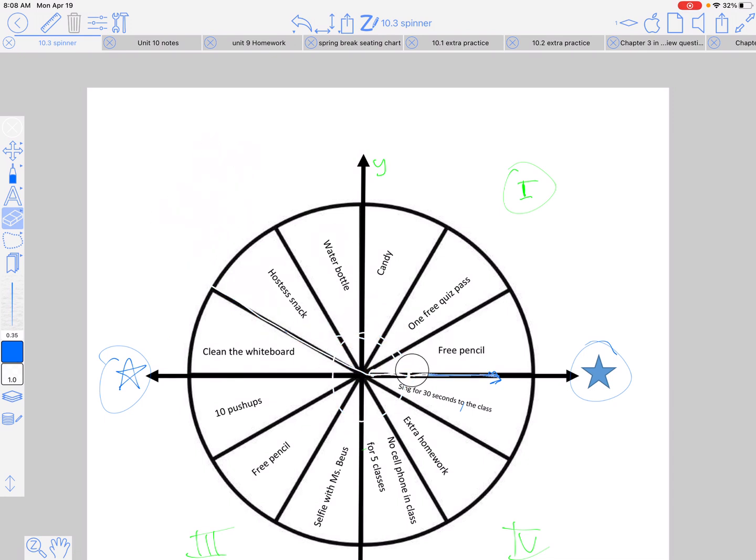But if you land on that star, you get an extra spin. If you spin 180 and land right there, you get an extra spin. All right? So 3A, Jacob spun 170 degrees. How many degrees was he from getting an extra spin?